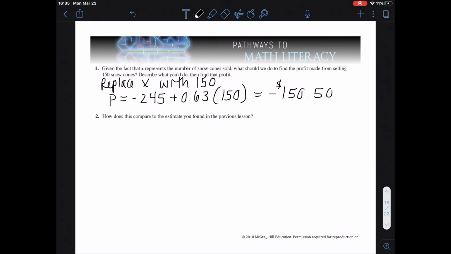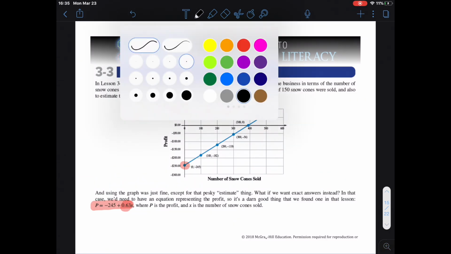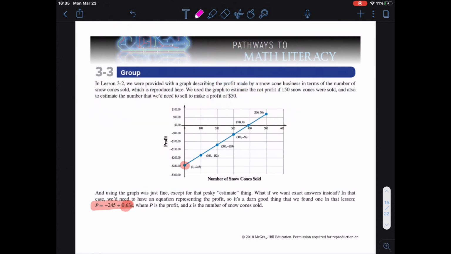So even when you sell 150 snow cones, you're still losing $150.50. And if you remember back to the last lesson, when we wanted to estimate what the profit was, we just looked at 150 snow cones, where do you hit that profit function, which was around negative 150.